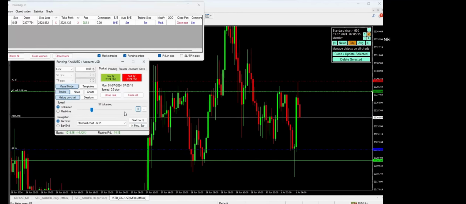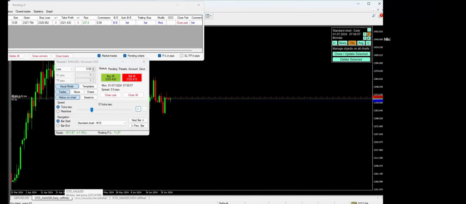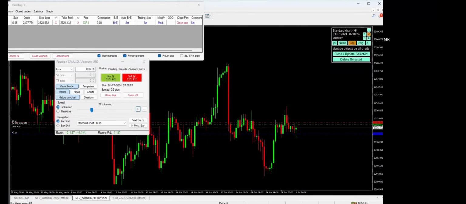While this trade is playing out, I'm going to enter it into the tracker. So it's the 1st of the 7th, 24. Gold. The daily, so let me just pause it quickly. The daily's bullish. And the 4-hour is also bullish.